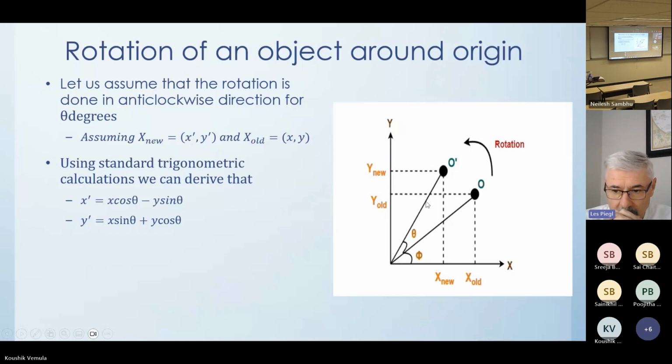Will you get the same point? No, we need to shift the position towards anti-clockwise. So if we move in clockwise direction, we're going to do an opposite rotation. No, what I mean is you go one direction and just do the inverse of it. Okay. Yes, we can get it. You get the same point.